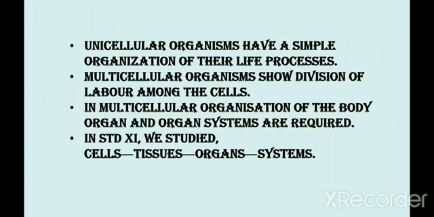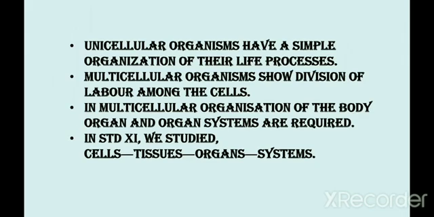In multicellular organization of the body, organ systems are required. And we already studied in Standard 11 that cells combine to form tissues, tissues combine to form organs, and organs combine to form organ systems.